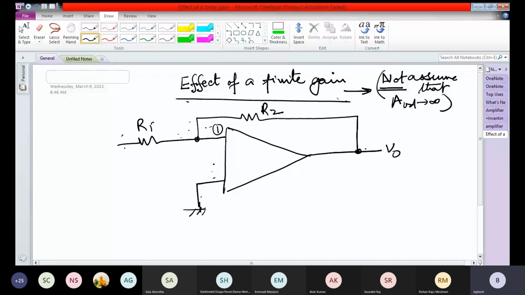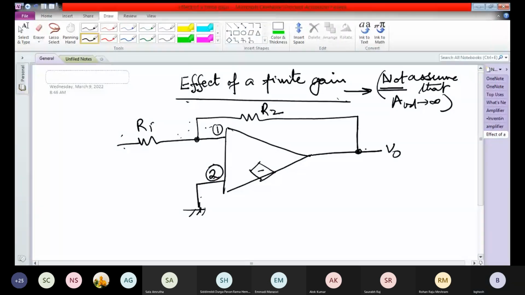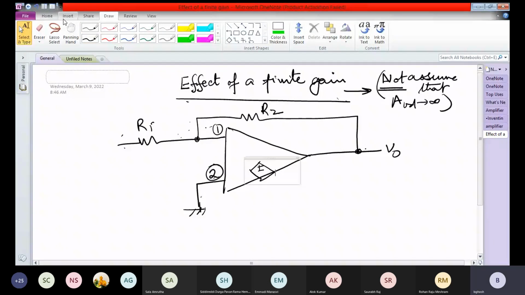This is terminal number 2. So now V0 will be AOD V2 minus V1.